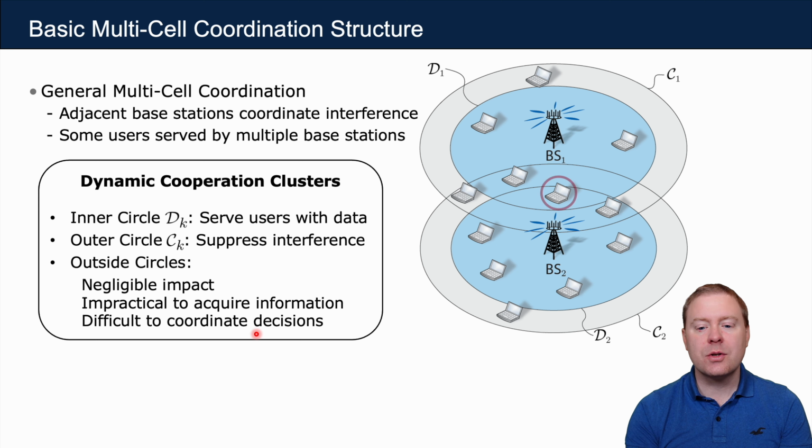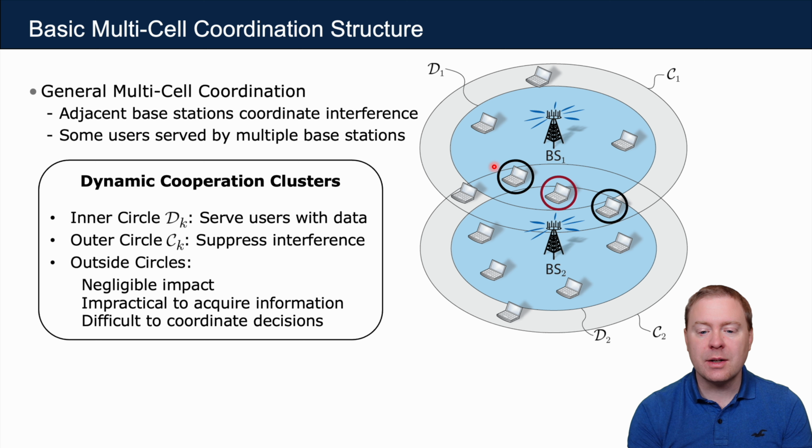With this model, some users, like the one circled in red here, can be in the inner circle of multiple base stations. You see it's in the blue circle of both base station 1 and base station 2. So this user will get data transmitted from both of these base stations. Then there are some users that are in the inner circle of one base station. This one is in the inner circle of base station 1 and in the outer circle of base station 2.